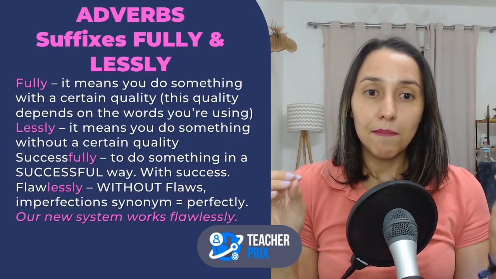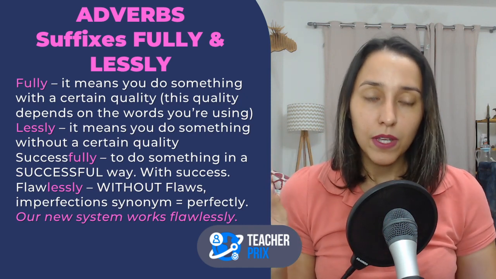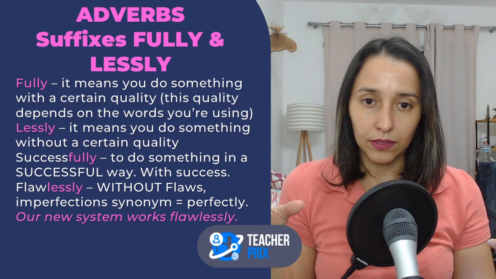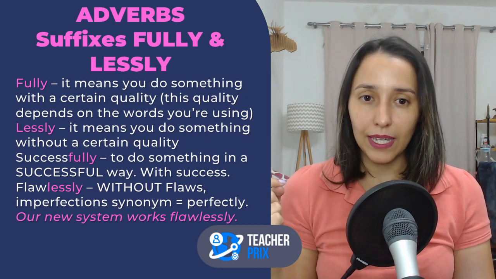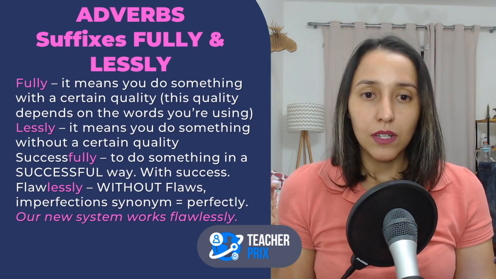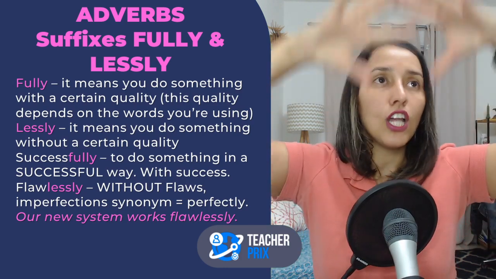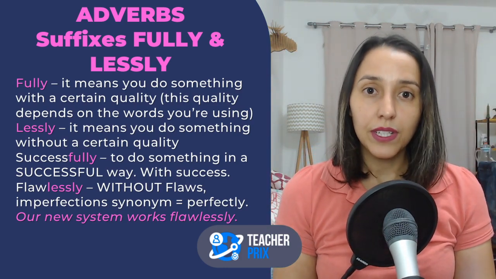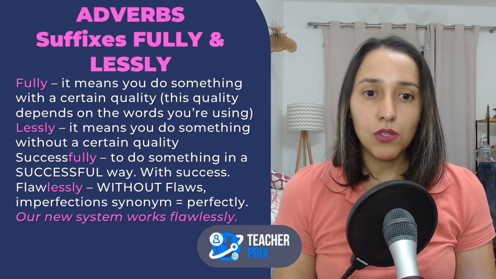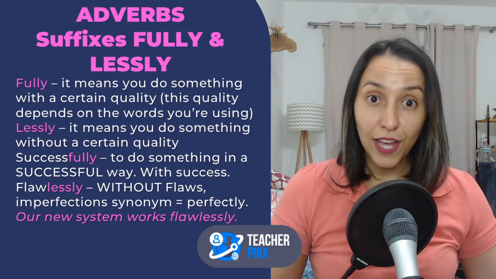So fully means you do something, remember, action, not quality anymore. So you do something with a certain quality. Okay, so let's say successfully, full of success, with a lot of success. So I did it successfully, with success. So I did something perfectly, with perfection.